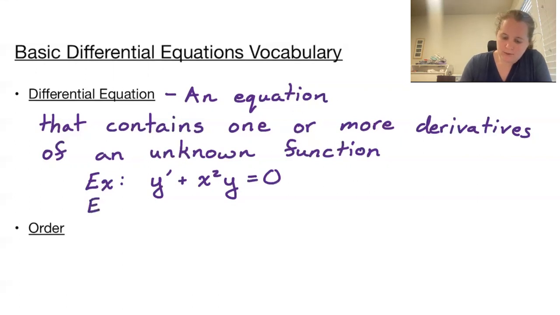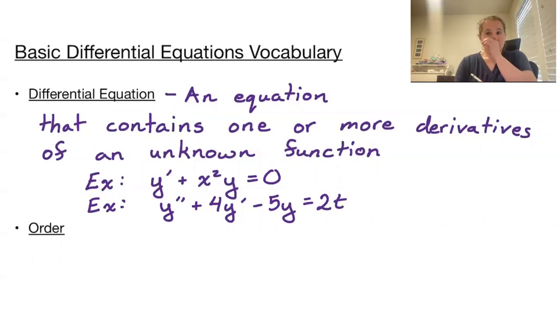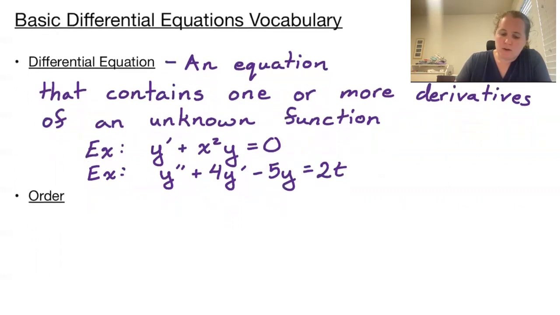For another example, we could have y double prime, second derivative, plus 4y prime minus 5y is equal to 2t. So both of these are equations that involve derivatives of the unknown function y equals y of x or y equals y of t.